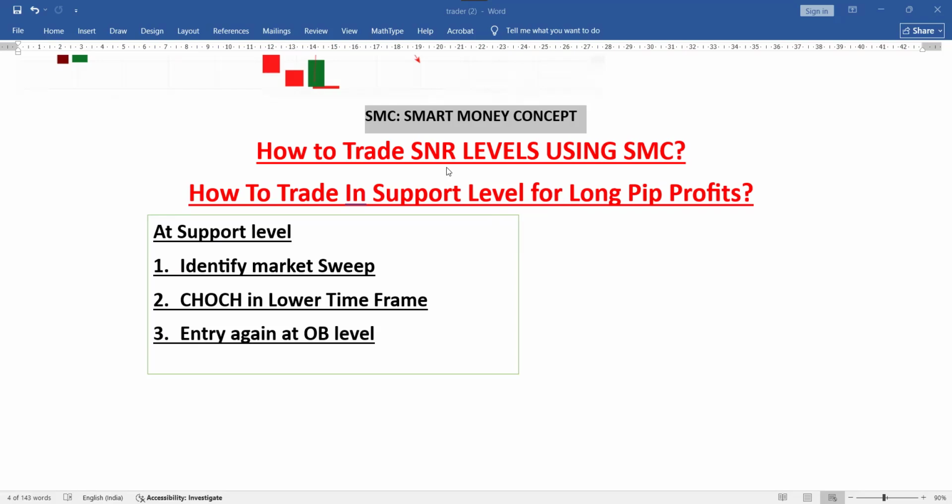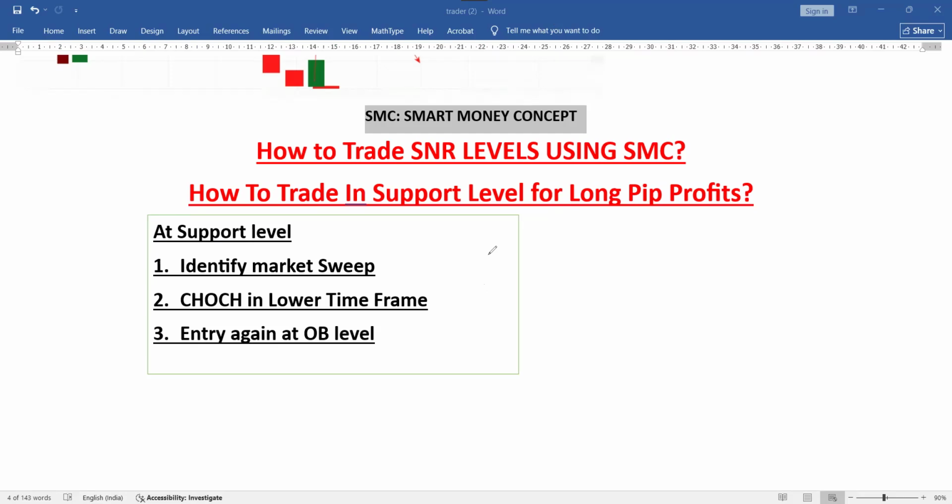We trade mostly on levels which we know, like support and resistance, but we will fail even sometimes when we use the SNR levels. So how to avoid that kind of entries by using these SMCs, which we can enter smartly. That kind of knowledge I'm going to give you today.